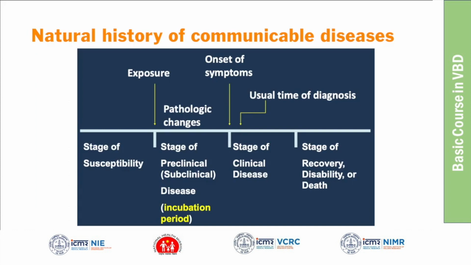So on the left hand side, you see stage of susceptibility, which means the word susceptible, I think it was mentioned by the director MD-NHM also. He also used another word called vulnerable. So susceptibility or vulnerability are the same, which means the person is at risk of getting infected. That's the meaning of the word susceptible or vulnerable.